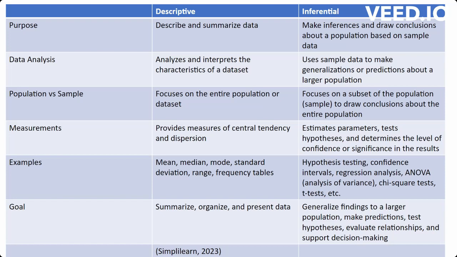You can test hypotheses. You can evaluate relationships and support your decision making, especially when you carry out regression analysis, though I've restricted that, like I've said. I picked this table from Simply Learning 2023 just to help understand the differences between descriptive and inferential statistics.